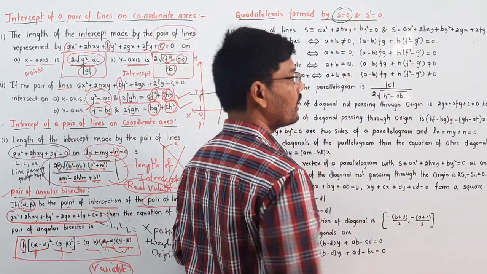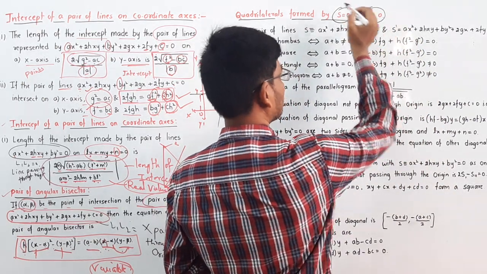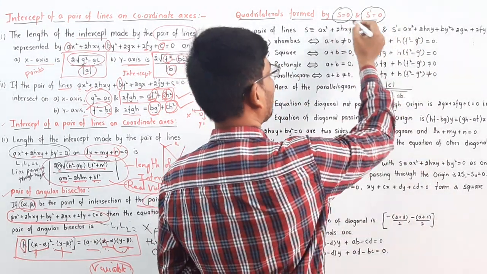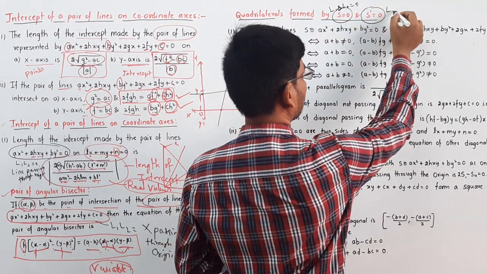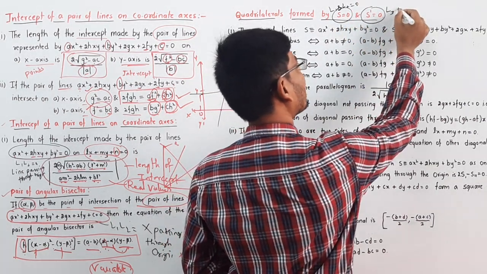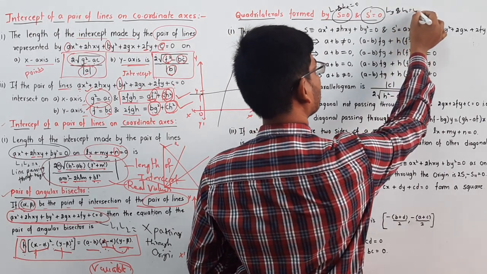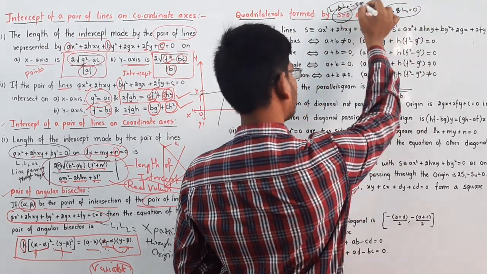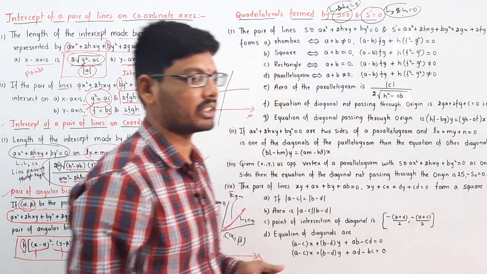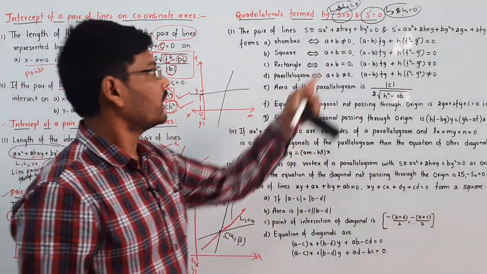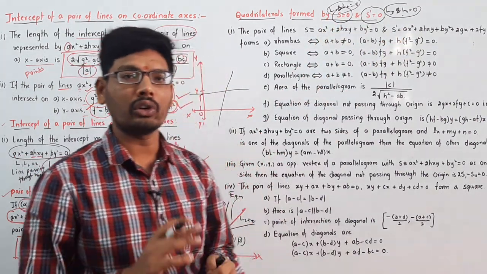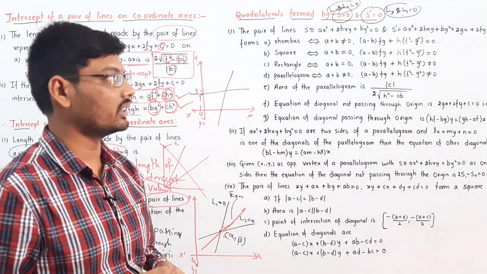S is equal to 0 is framed by L1 and L2 is equal to 0, and S dash is equal to 0 is framed by two more lines, L3 and L4 is equal to 0. This is a combination of two lines, and this is also a combination of two lines. From these four lines we can frame a quadrilateral.